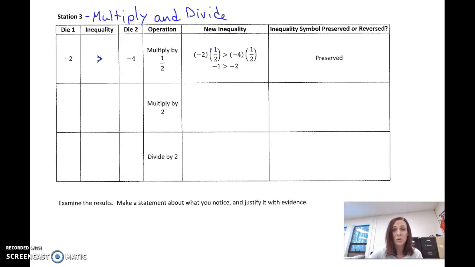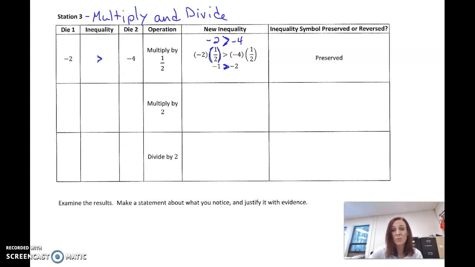So -2 times a positive 1/2, negative times a positive is a negative. Half of 2 is 1. That becomes a -1. -4 times a half, negative times a positive is a negative. Half of 4 is 2. Well, notice in this case, our inequality symbol is preserved.